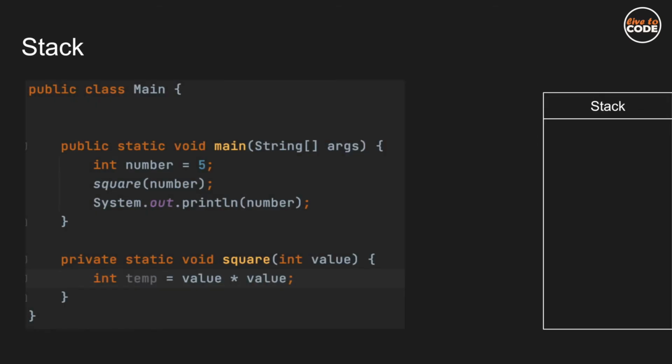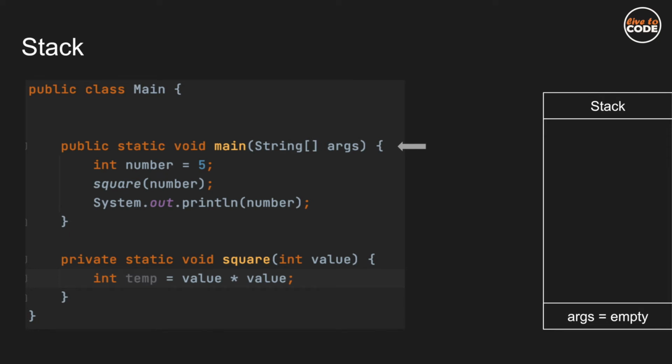Let me show you an example with code of how the stack works inside the JVM. I have a couple of functions named main and square, placed under the class Main, and on the right side of this program I have the stack. Control will start from the main.